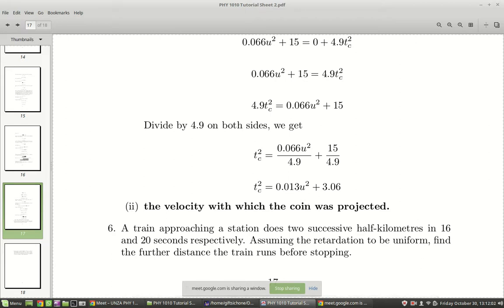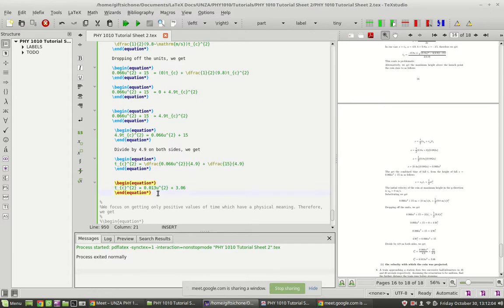Okay, then take the square root. I don't think we have a lot of choice. Let me see where it goes. Square root on both sides.